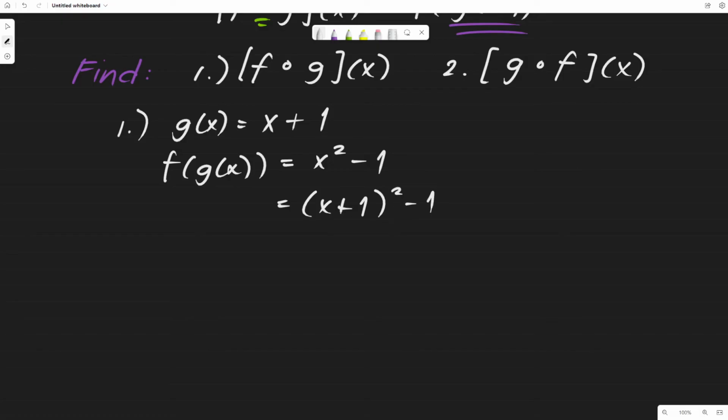Then, tsaka natin i-expand, no, itong square of a binomial natin. So, square the first term, twice the product of the first and the last term, so that is plus 2x. Then, square the last term, plus 1, of course, minus 1, no? Then, makaka-cancel out yung 1 minus 1, that is obviously 0. So, our answer is x squared plus 2x.